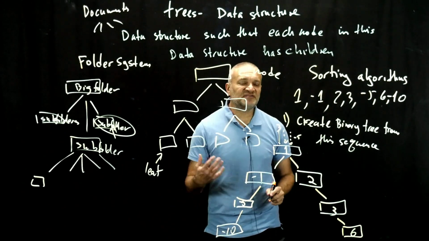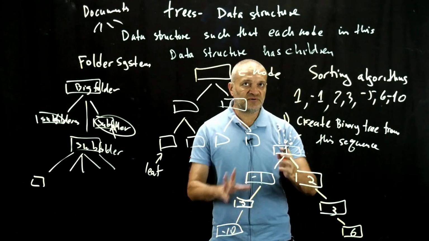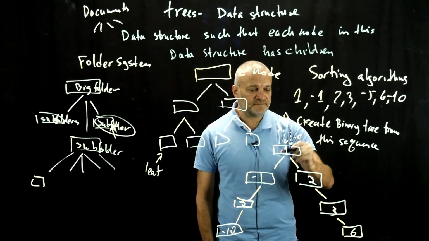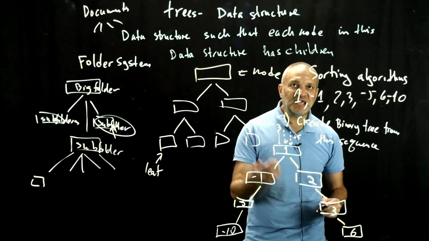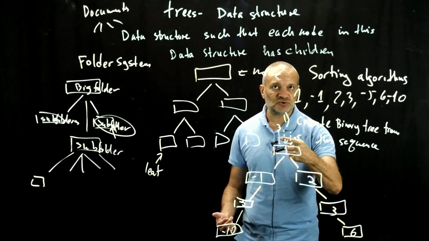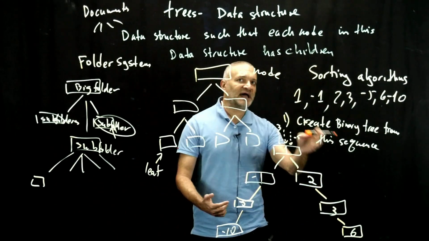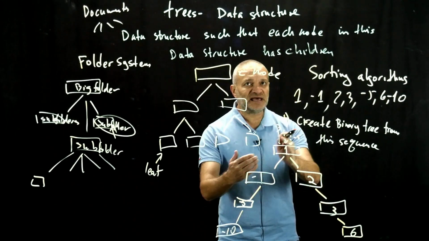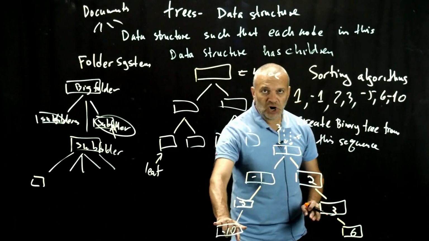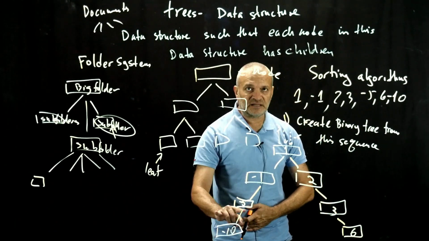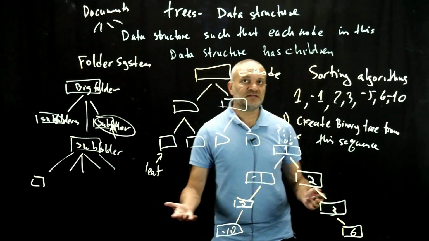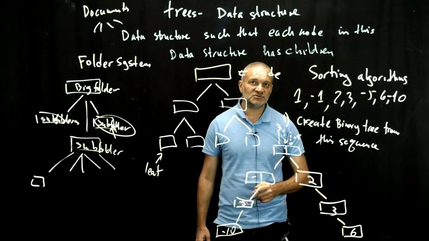So the idea of this algorithm of creating these trees is that anything you insert, you compare it with a node. If it is larger than the value in the node you compare with, you go to the right. If it is less, you go to the left, until you hit nil, and then you create a new leaf, a new element of the tree.